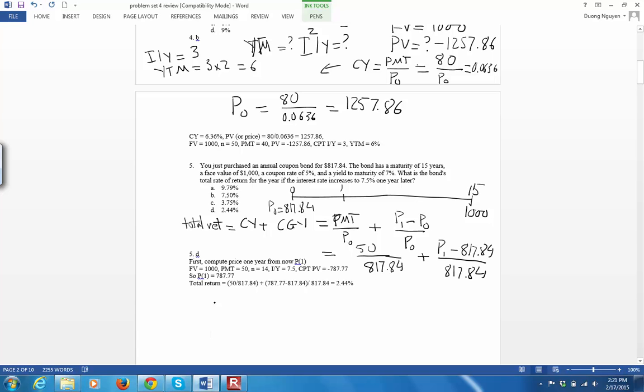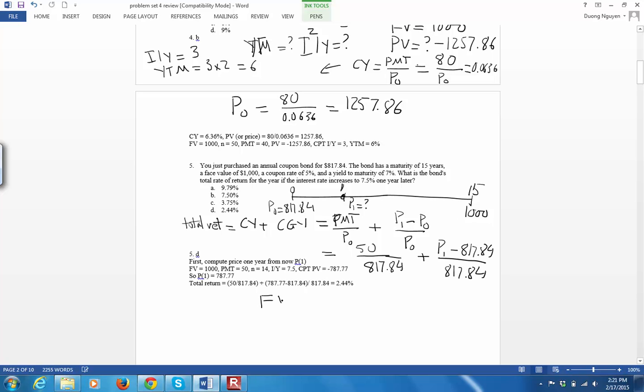How do we get P1? How do we calculate the price of the bond? Again using the calculator, from year 1 to year 15 you have 14 years, and at the end of year 15 you receive $1,000.